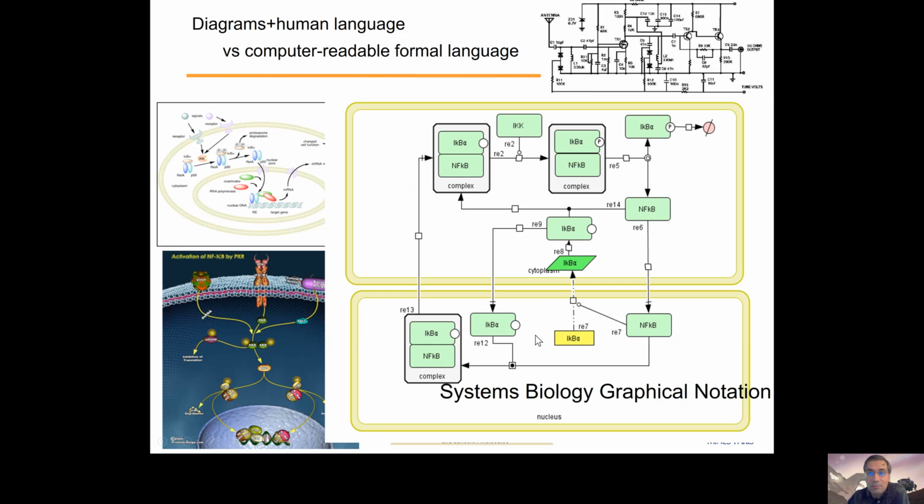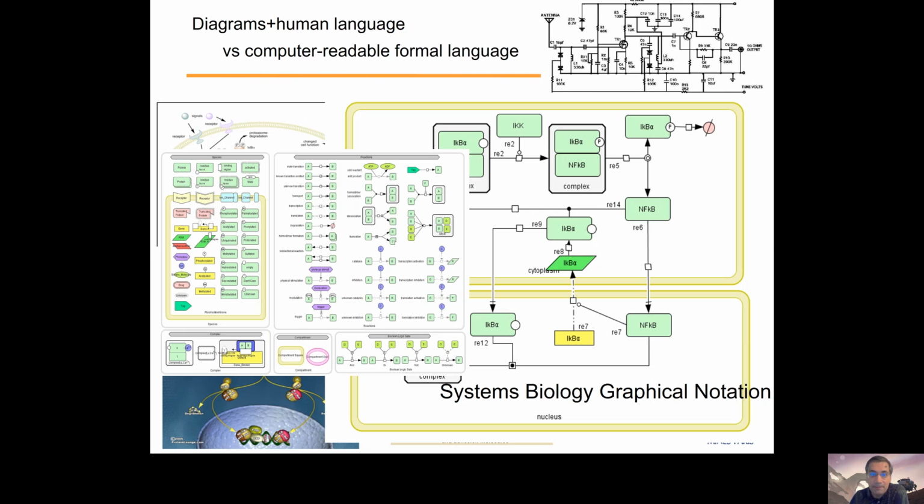And one of the big advancements of the systems biology field, something like 10 years ago, was the introduction of the systems biology graphical notation language, which is similar to the language of electric circuits. The idea is to introduce a common set of symbols that everybody would understand, using which we can transform these diagrams into something that can be read by anybody immediately.